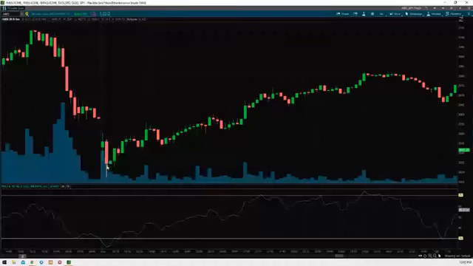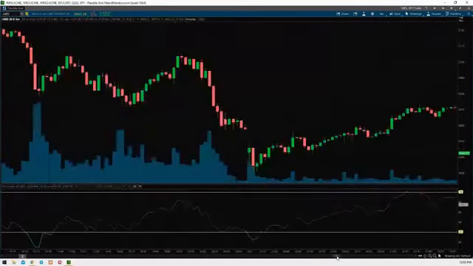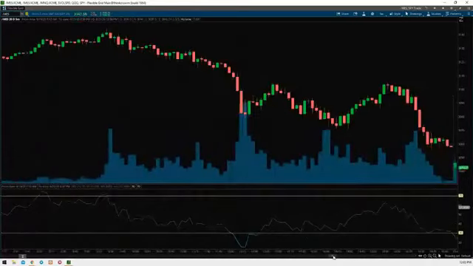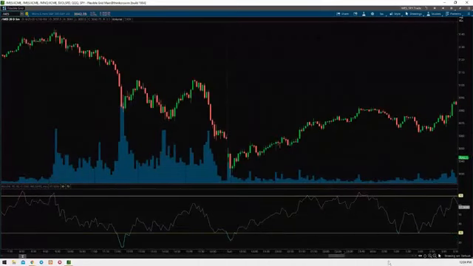I actually got in right around this candle right here on the 5 minute. It's easy to see right after the fact, but when you see that gap down here, let me go candle by candle.